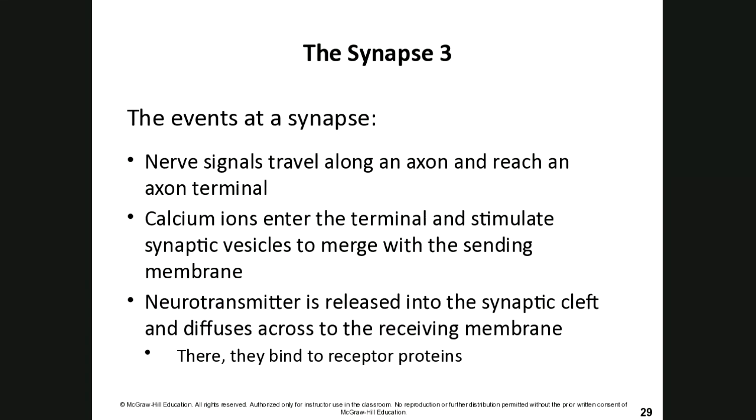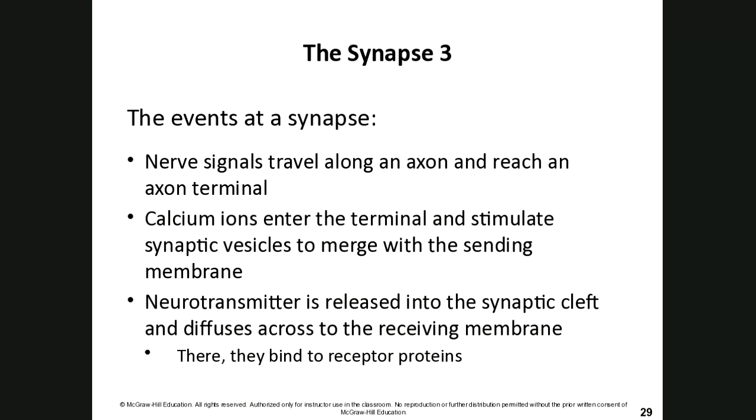So, events that happen at a synapse: the nerve signal travels along the axon, having those action potentials take place until it reaches the axon terminal. Once it gets to the axon terminal, calcium channels are going to open up. When those calcium channels open up, calcium is going to go into the terminal and stimulate those vesicles that contain the neurotransmitter to be released.